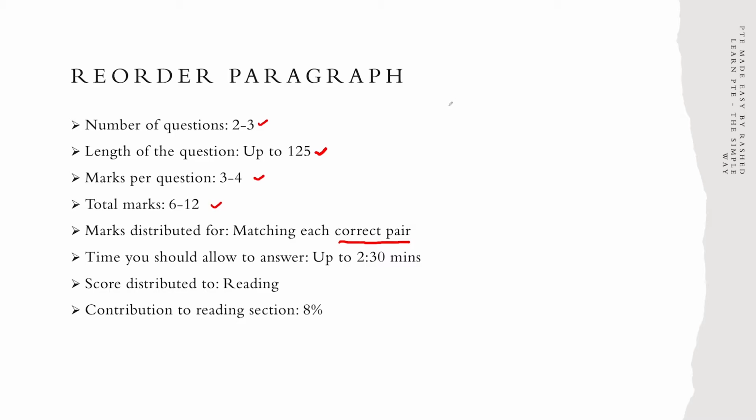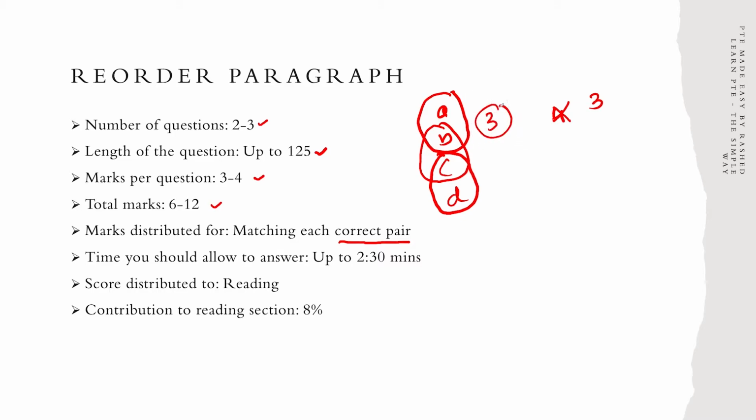Let's say your answer is A, B, C, D. This is the right order. You don't have 4 marks here, you have 3 marks. How? AB is a pair, BC is another pair, CD is another pair. In this way, you have 3 marks.